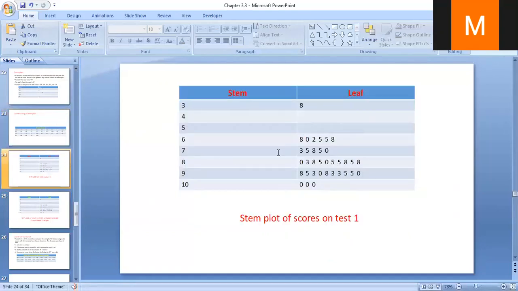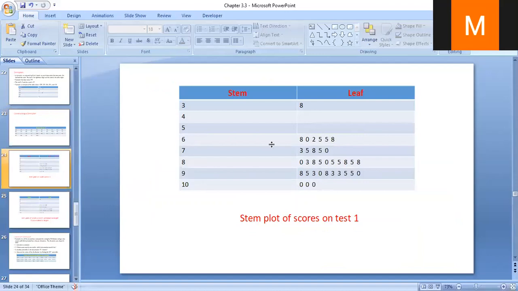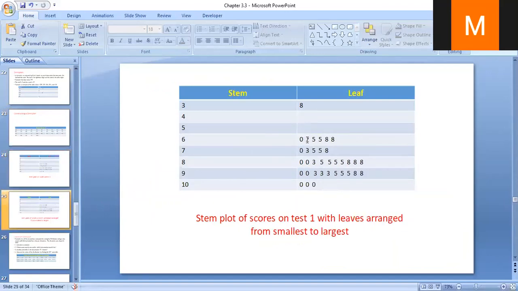You put on this graph with the table, and then after you put everything on this one, you rank from the small to the large number. And when you look here, you can read the number 38, 60, 62, 65, 65, 68, 68, 70, and you can read the number on this table. After you put on the table, you arrange again from the small. You only read from the left, from 0, from the small to the large number.